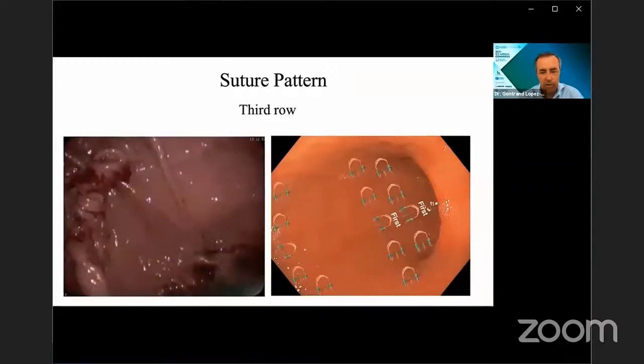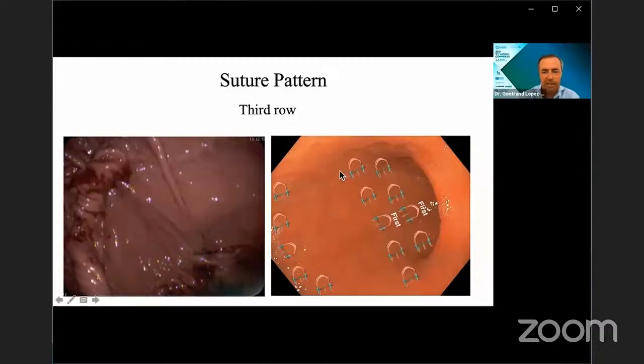Then we do the third one. You can see it here in every left part of the pictures, an endoscopic view and another diagram view, taking 3, 4, 5 plications. Most of the time it can be 4 or 5 plications to do the third row.